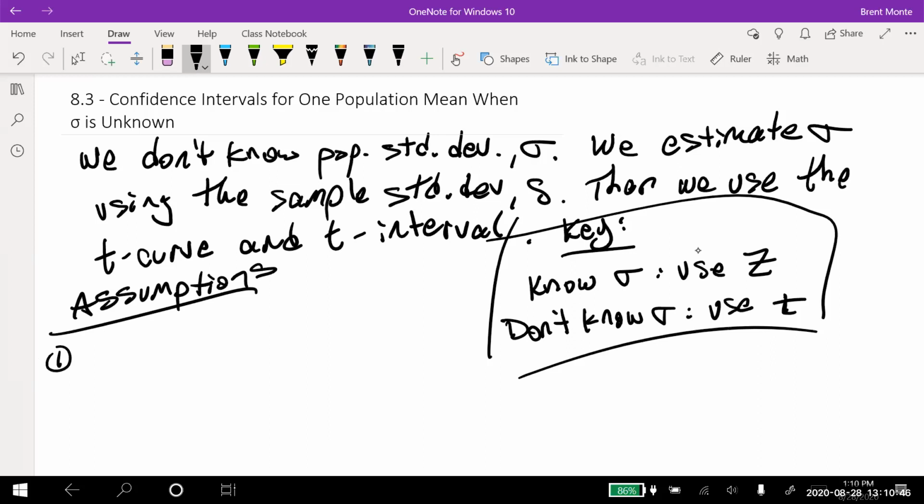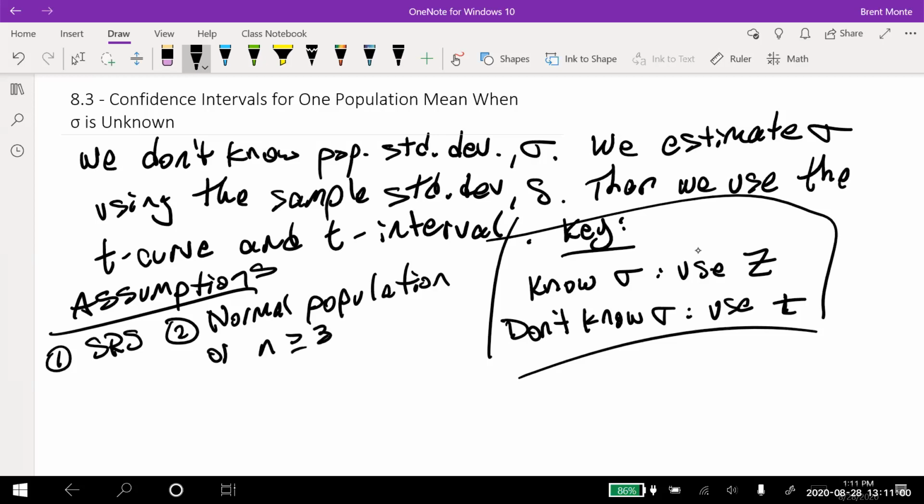The first one, it has to be a simple random sample. All right, that seems reasonable. Second, it has to be a normal population, or n has to be at least 30. So just like the last one. And the third one: remember, for the Z intervals, we know sigma. Well, this time we don't know sigma.